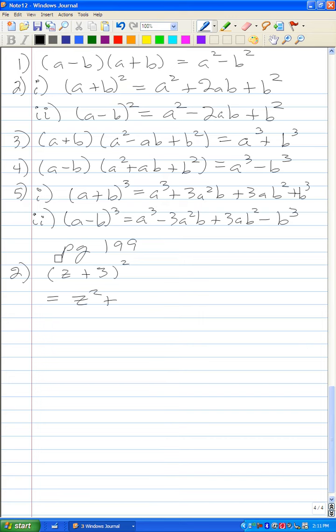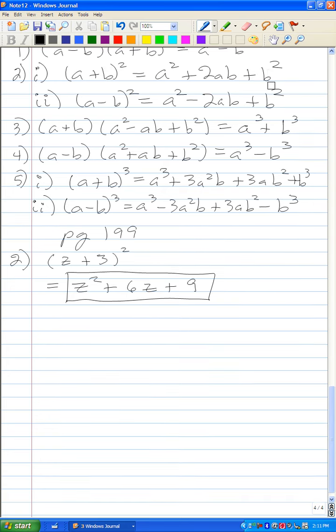I have z times 3, which gives me 3z, times 2 gives me 6z, plus the last term, 3, squared, which is 9. And you are done. That is the special product formula.